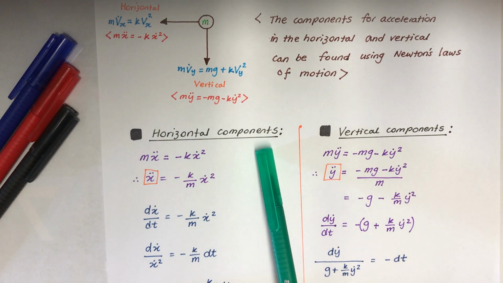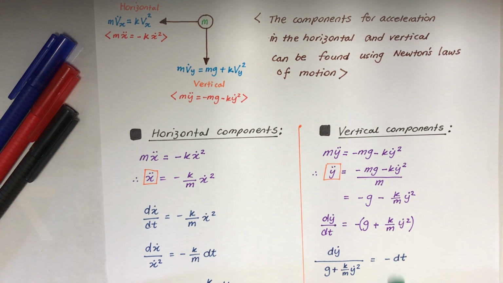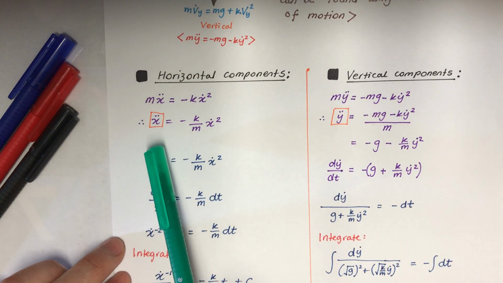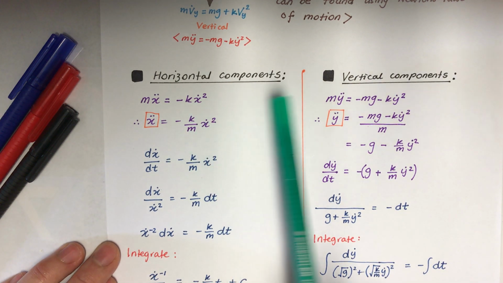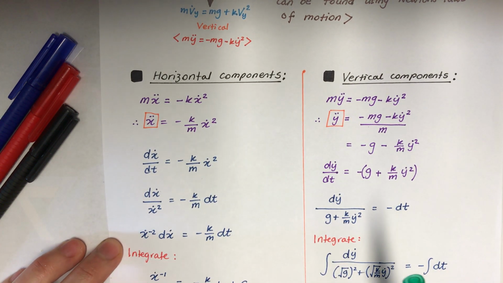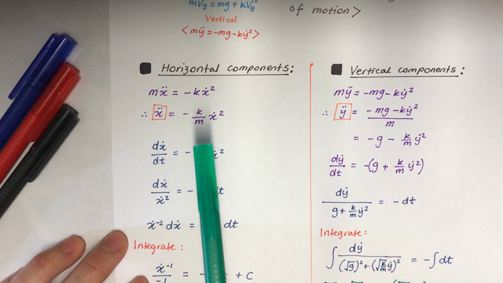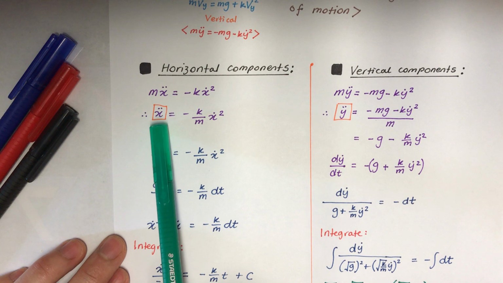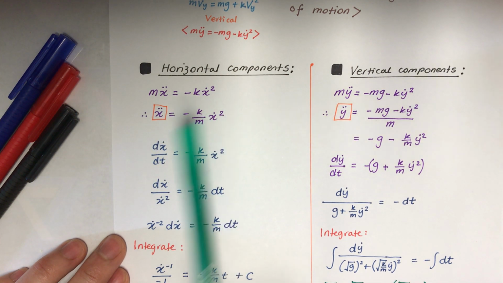Horizontal components, I'll start with that first and then come back to the vertical components. Here we start exactly the same, except x dot is now squared. That's not too bad. Then x double dot, which is a, equals minus k over m x dot squared.